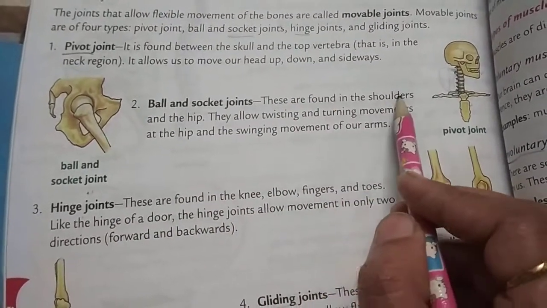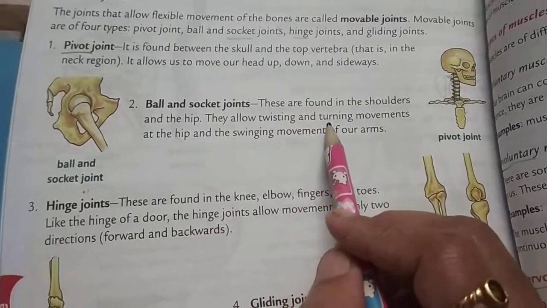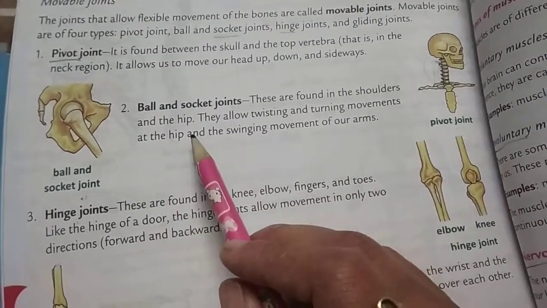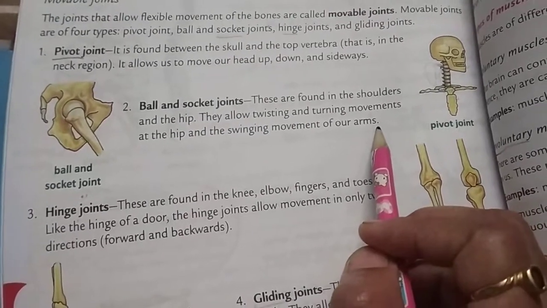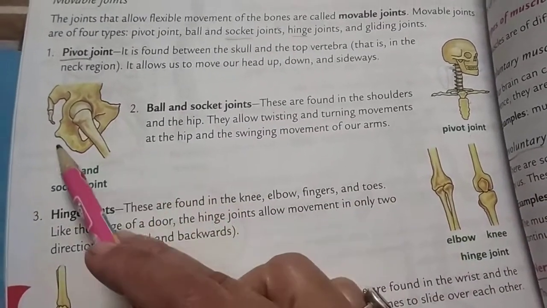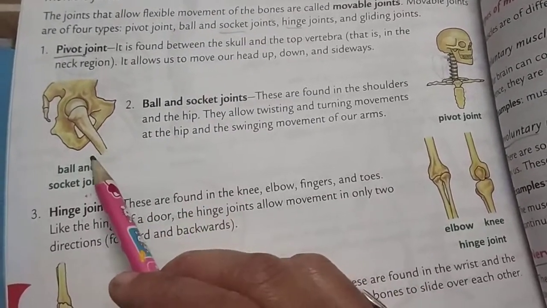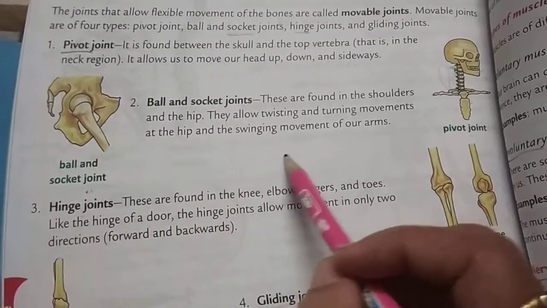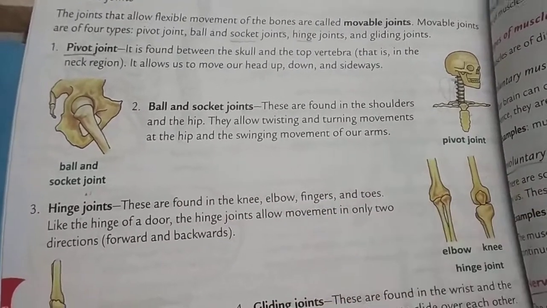These are found in the shoulders and the hip. They allow twisting and turning movements at the hip and the swinging movement of our arms. Because of these ball and socket joints, we can easily move our hands and swing our arms or legs.